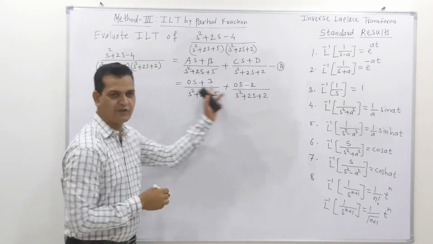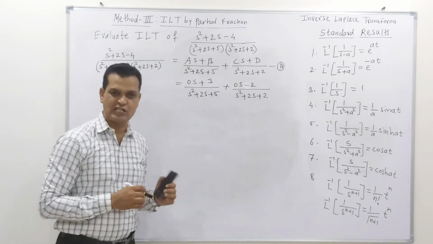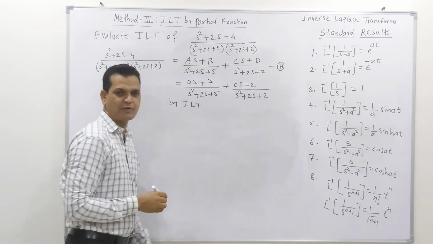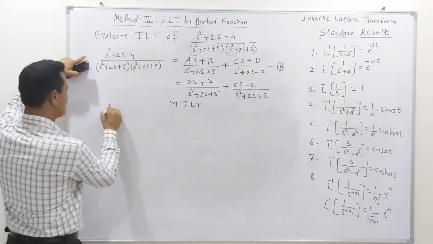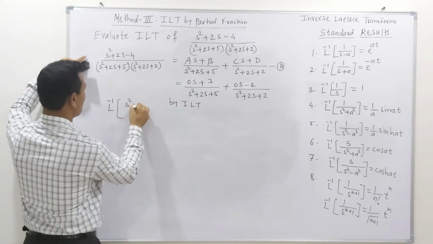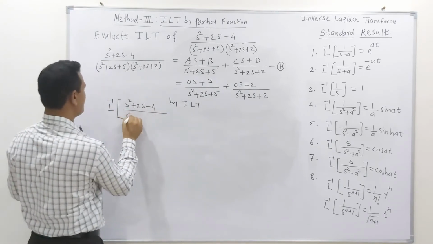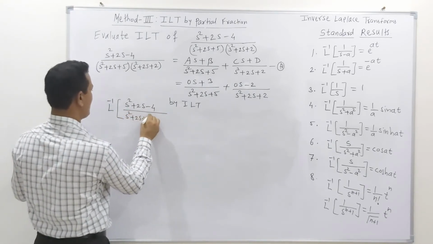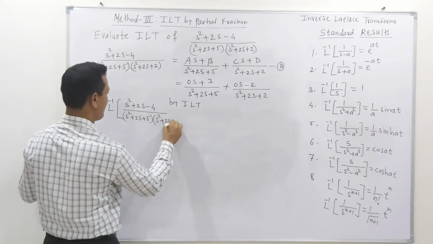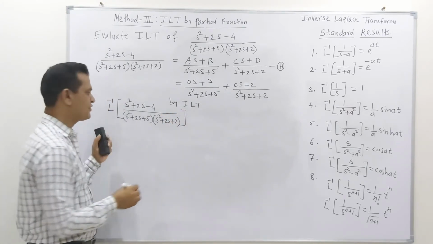Now after obtaining the partial fraction, we can take the inverse Laplace transformation on both sides. Applying it, we get the inverse Laplace transformation of s square plus 2s minus 4 divided by s square plus 2s plus 5 first term, then s square plus 2s plus 2 second term on the left side.